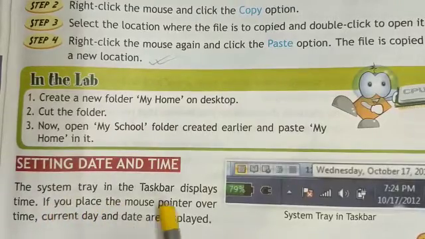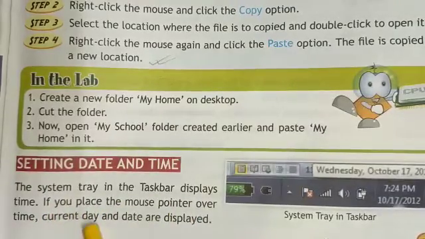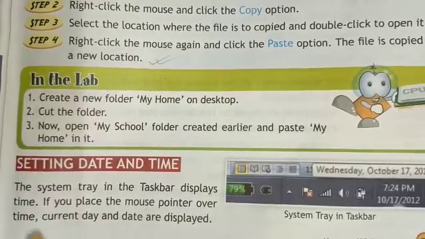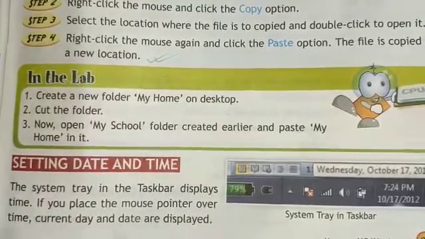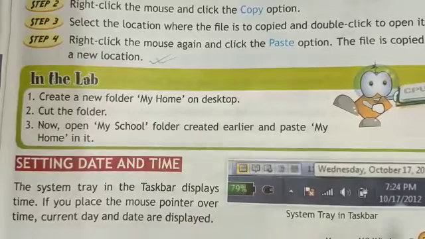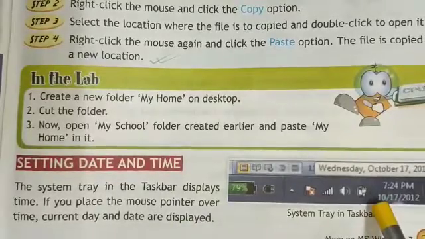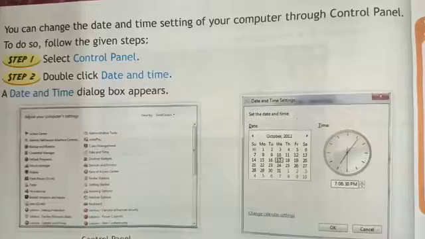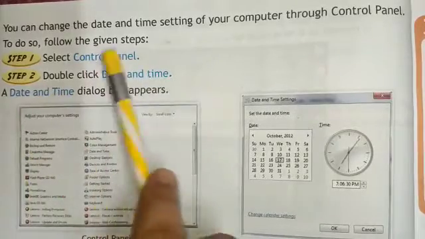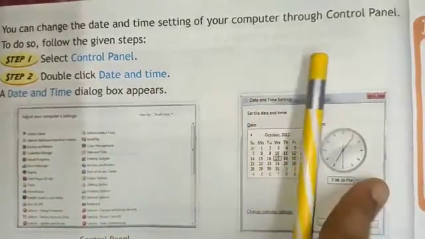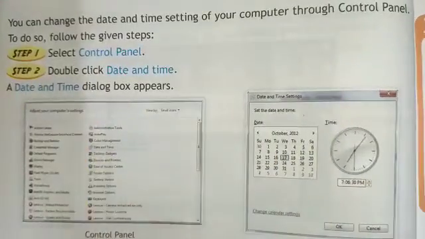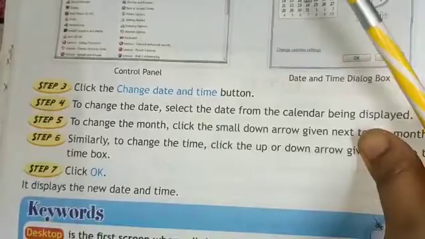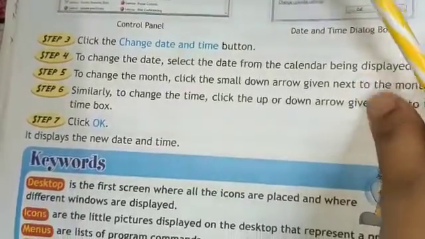If you place the mouse pointer over the time, the current day and date are displayed. We can change the date and time settings of your computer through Control Panel. To do so, you have to follow these steps, which we can understand only by doing the practical.